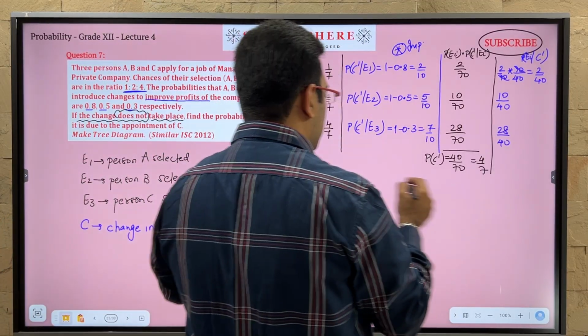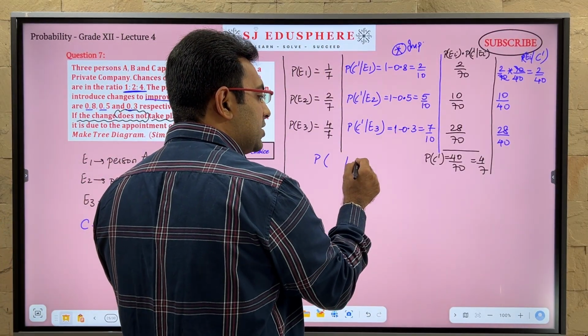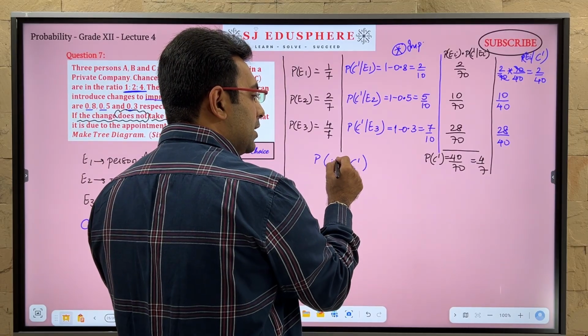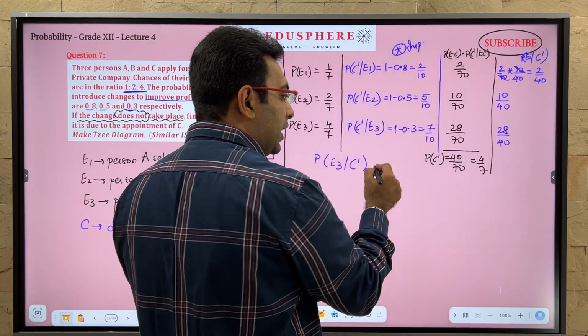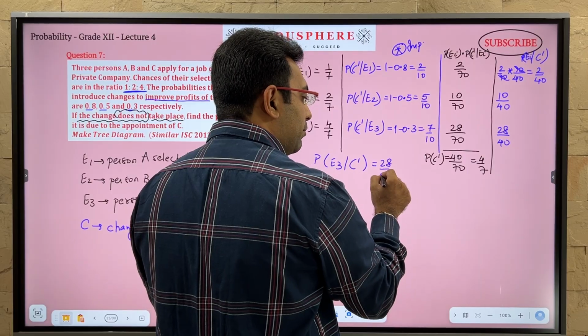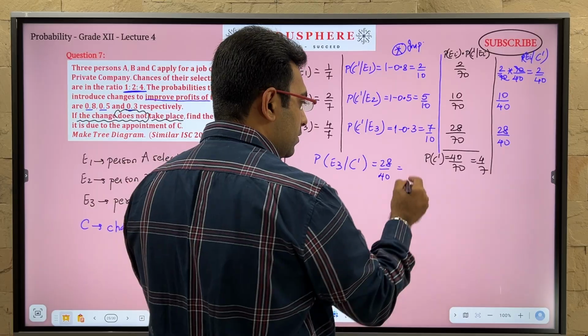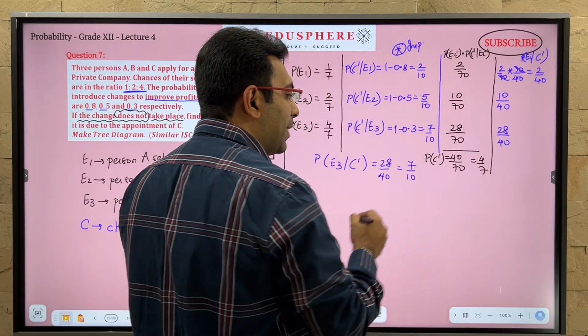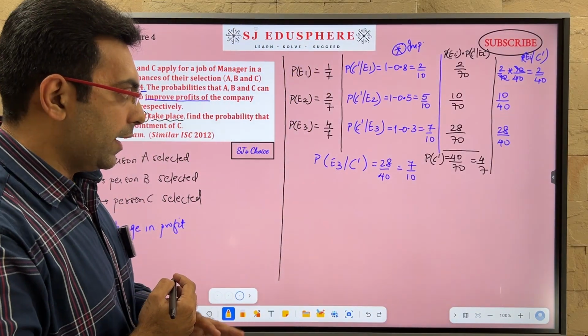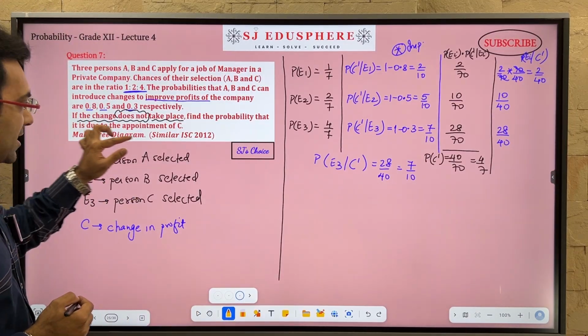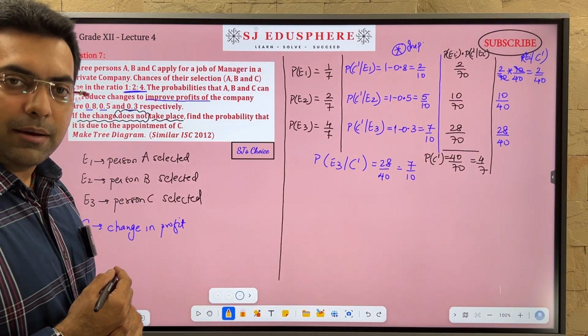So my question, which was, given that change does not take place, it is due to person 3, which is 28 by 40, which I am writing over here as 7 by 10. Okay. My question says, express this in the form of a tree diagram.